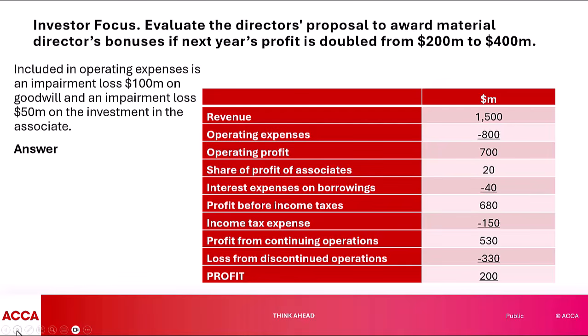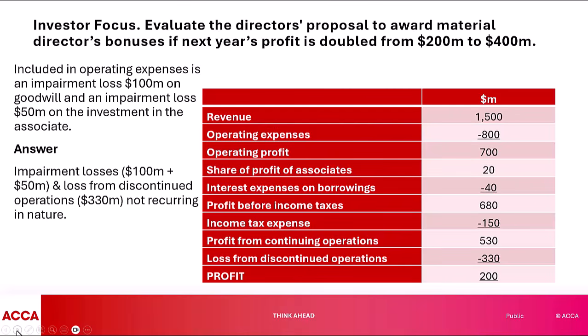And that's because I understand the way that the profit and loss account should be presented. And I understand that the impairment losses, which have been disaggregated and shown, and the discontinued loss, these are non-recurring items in nature.